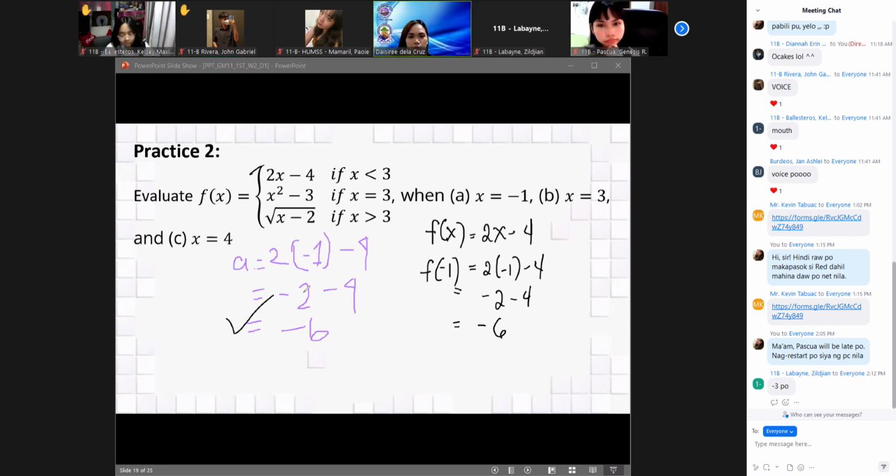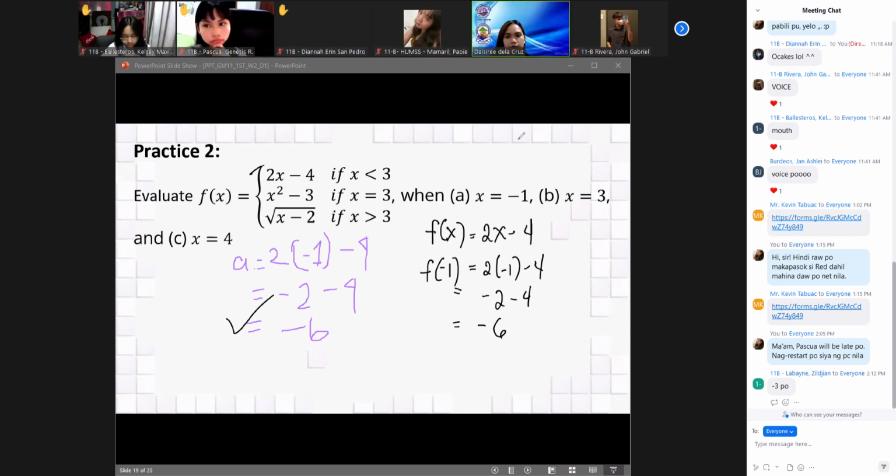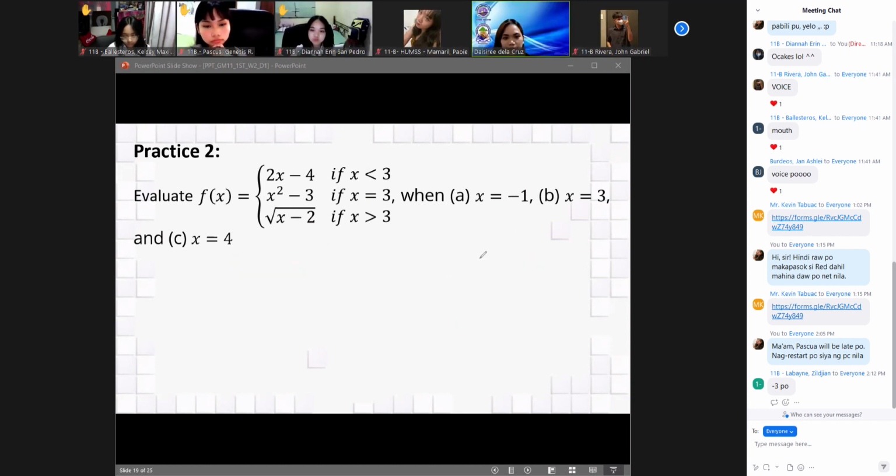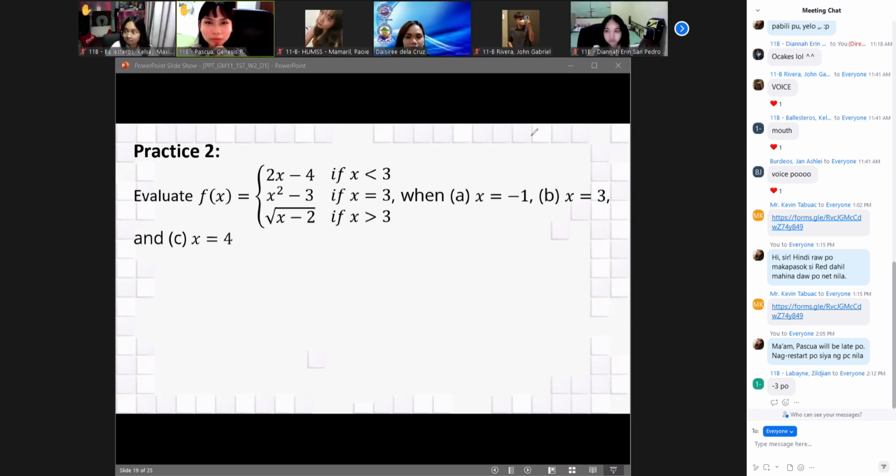So how about for letter B? Sige nga, anyone from the class? For letter B, x is equal to 3. Sige nga, Jen, pakitry anak. Explain habang nagsusulat. Okay. So for letter B, which is x is equal to 3, the condition that we will use is the second condition, which is x squared minus 3.